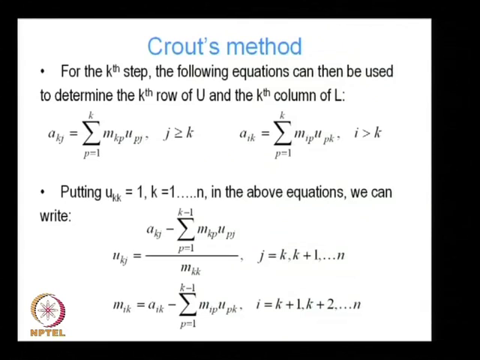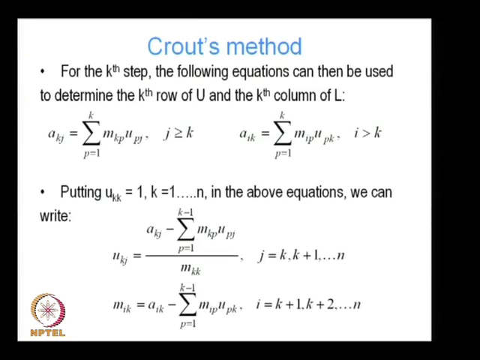For the kth step, the following equations can then be used to determine the kth row of U and the kth column of L. So, basically I am rewriting those same equations, but now I am assuming that j is greater than or equal to k, that is, I am trying to find a_kj such that j is greater than or equal to k. So, I am finding the components which are above the principal diagonal, since the column index is more than the row index.